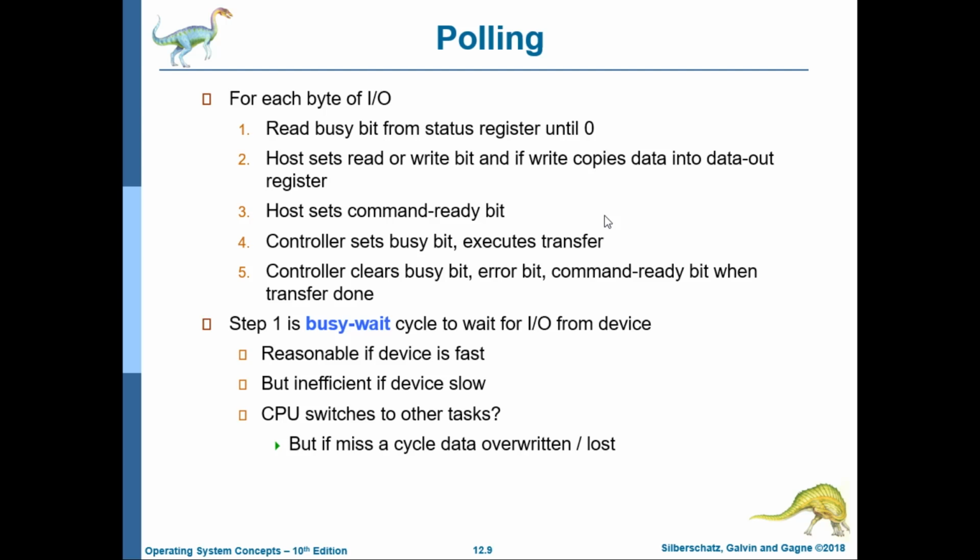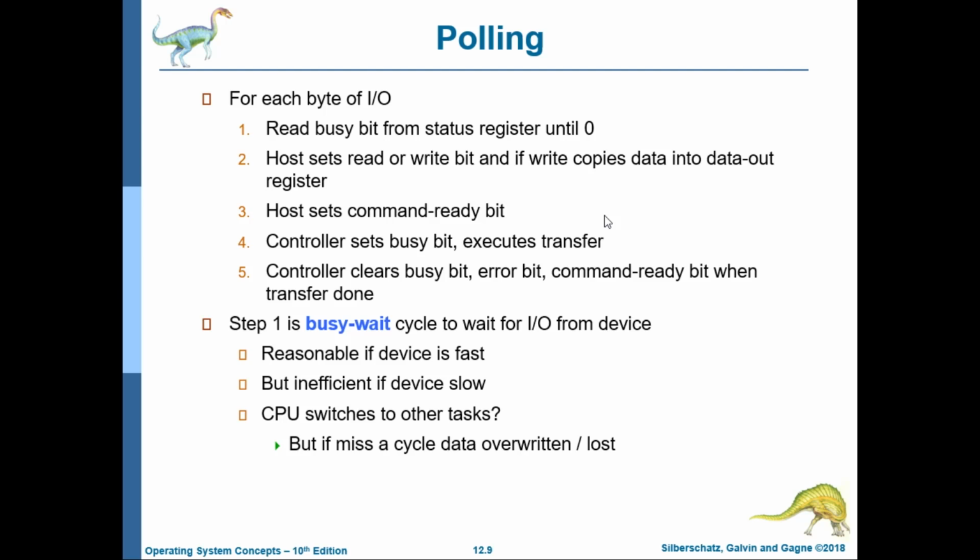It's like in a real world situation, for example, someone is inside the comfort room and it's your turn next to use it. Since there's still a person inside, you go back to your workplace, and then you check again if it's already free. So that is what we call busy waiting. Step one is reasonable if the device is fast, but inefficient if the device is slow.